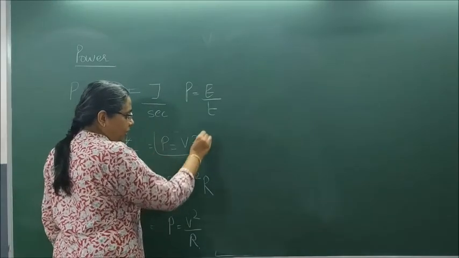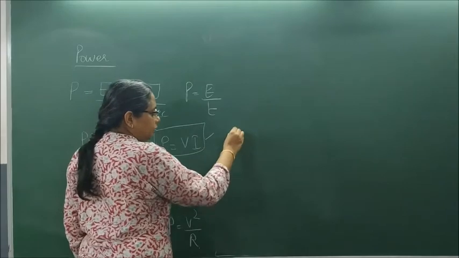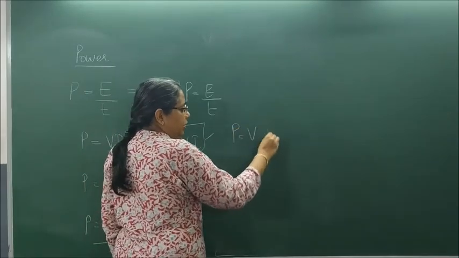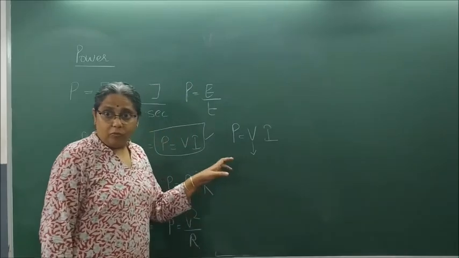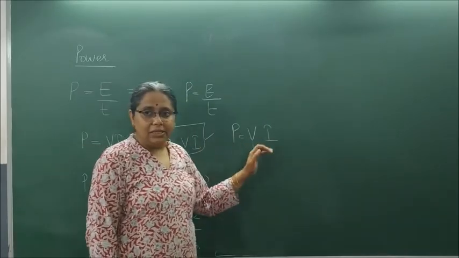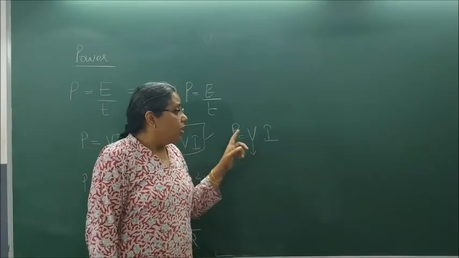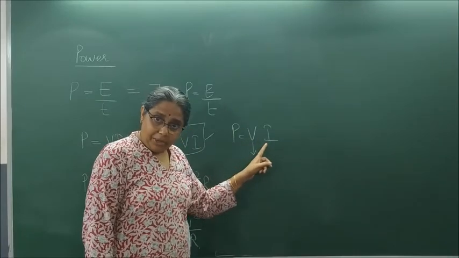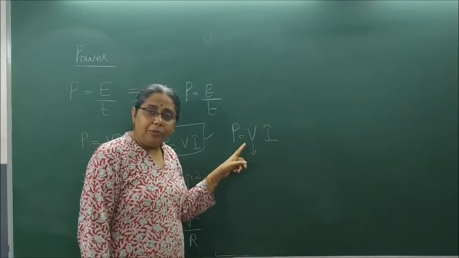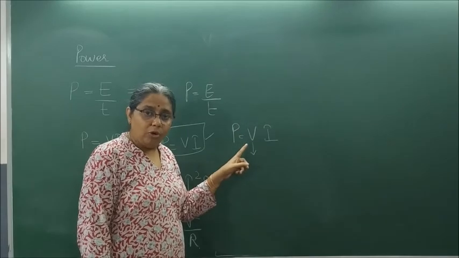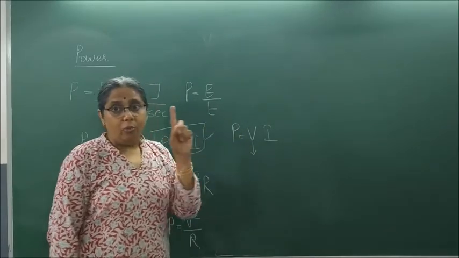You define power using this formula P is equal to VI. V is potential difference in volt and I is current in ampere. When a current of 1 ampere flows through a cross section of a conductor having a potential difference of 1 volt, it has a power of 1 watt.